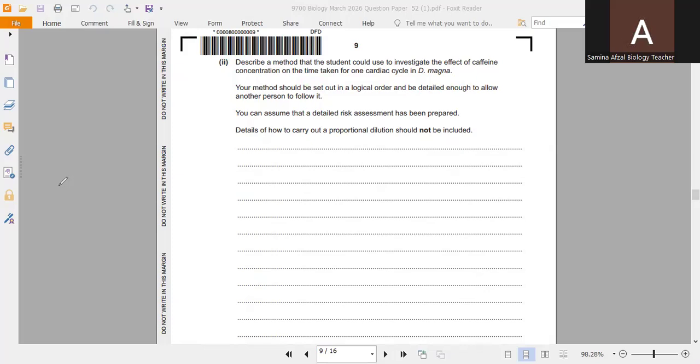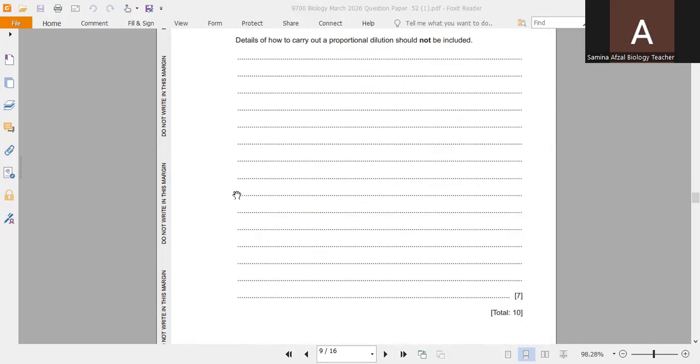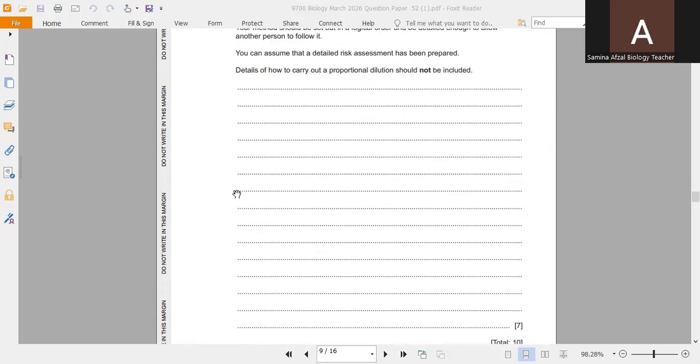So here we have to write a method which can be helpful for a person to follow. So I am going to write the details over here. First of all, we always have to write about the independent variable and then the dependent variable and all those points which can be added into it. So first of all, I am going to write the independent variable.